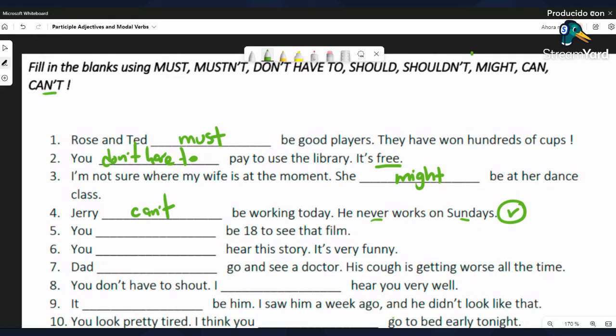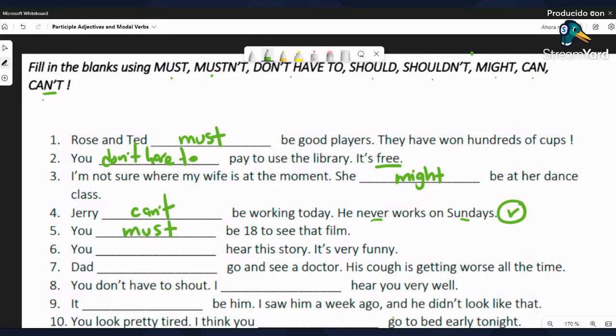Must, mustn't, don't have to, should, shouldn't, might, can, or can't. You must be, right? Because it's an obligation. You must be 18 to see that film. If you are 16 or 15, you can't.